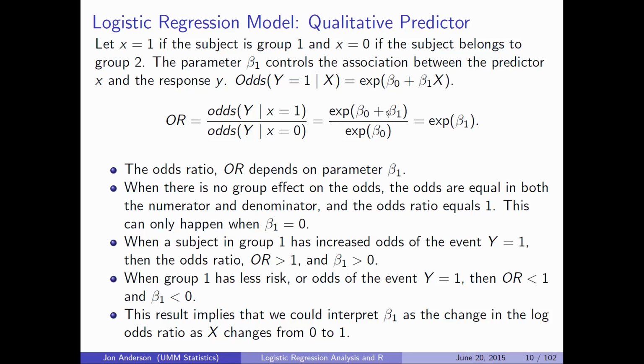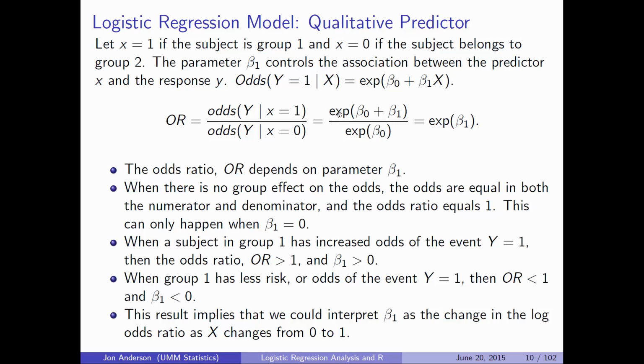For the denominator group, remember the value of x is 0, so that when you plug in the odds function for the denominator, you get e to the beta naught plus beta 1 times 0, which wipes out the beta 1, and that's why we are left with e to the beta naught down here. We have e to the beta naught times e to the beta 1, and an e to the beta naught down here in the denominator, and the e to the beta naughts cancel.